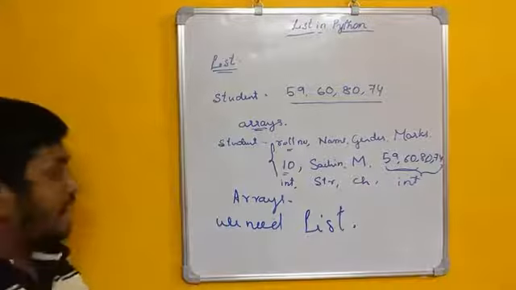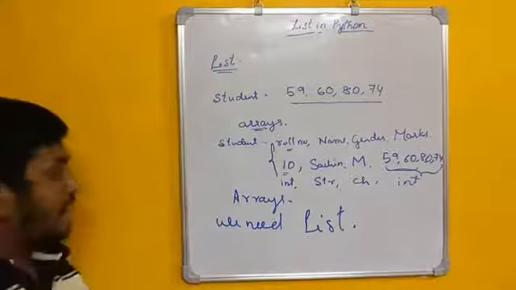So we cannot use arrays to represent different types of data. To represent different types of data, we use list. We will see with an example.